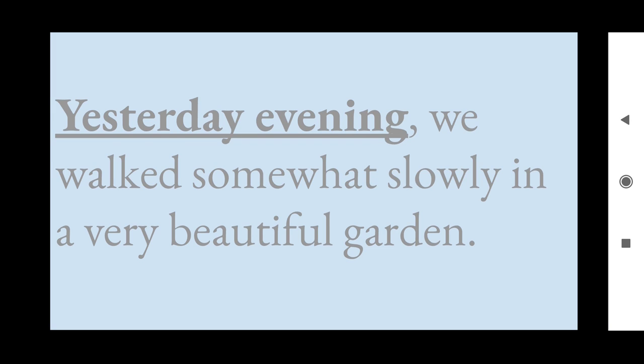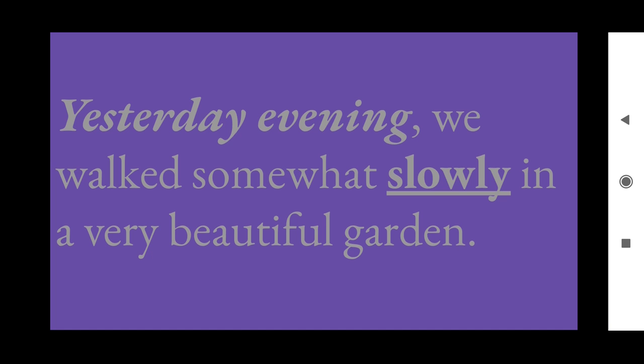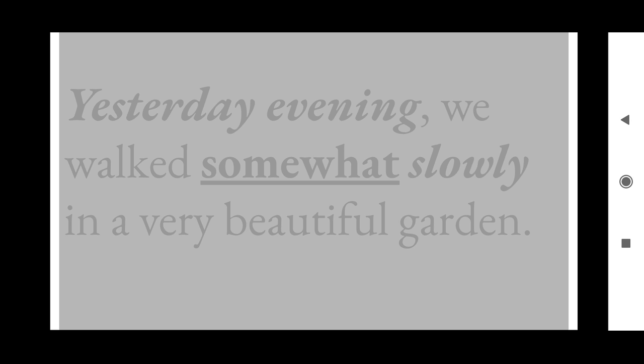But notice that you can further ask, how slowly did we walk? Did we walk very slowly or a little slowly? The answer is somewhat slowly. Somewhat means something like a little. Now notice that somewhat is actually giving us information about slowly. How slowly?